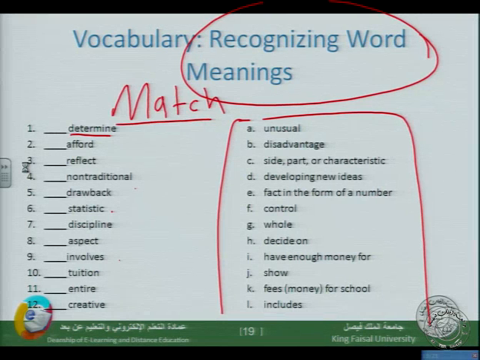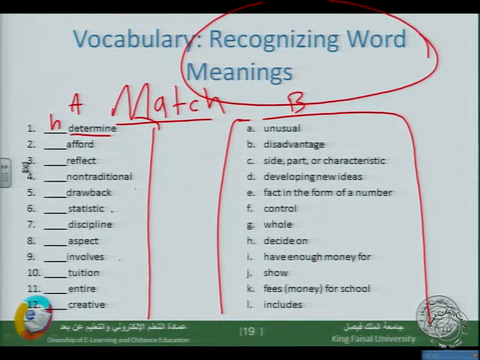Is matching an enough way to learn? No. I want you to use these. Okay, yeah, chart A. I want you to memorize them and to know the meaning of chart A's words. Determine means to decide on.